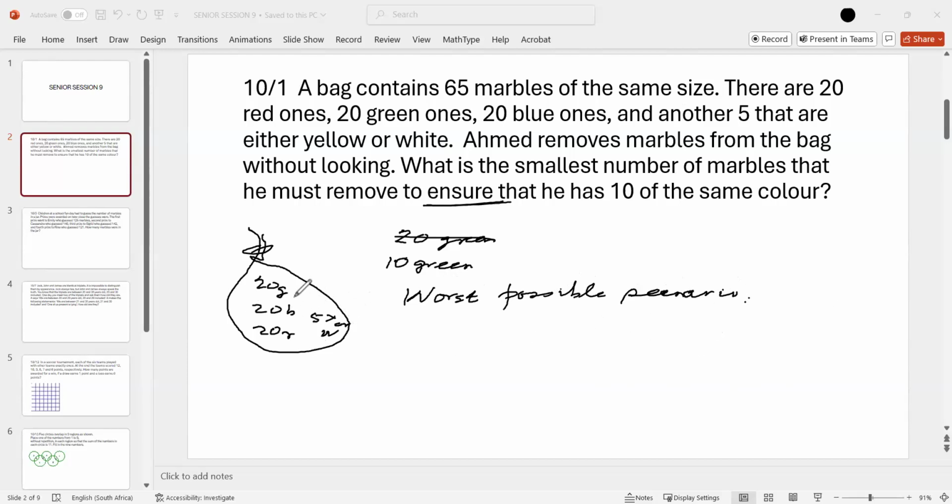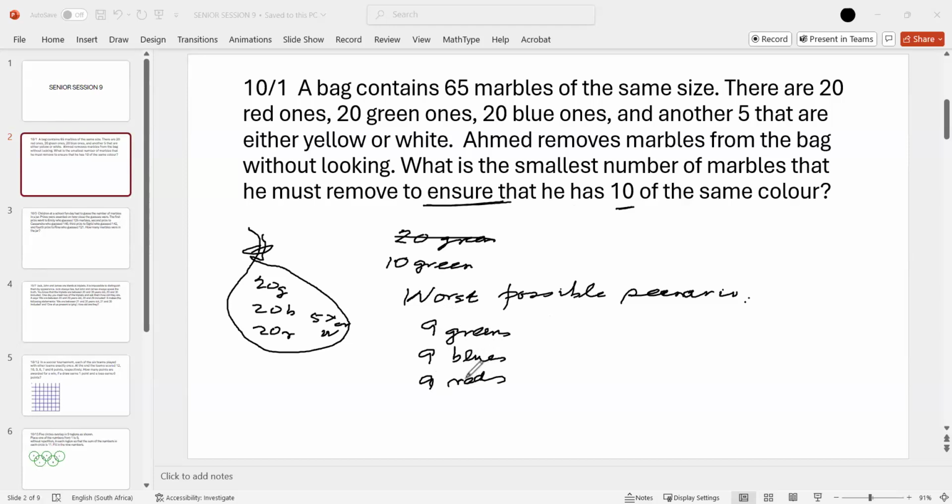Okay, for instance, he wants to have 10 of the same color. So he can withdraw 9 greens. And he keeps withdrawing, he hopes he can get a green, but he doesn't. Instead, he gets 9 blues. And then he hopes now he can get a green or a blue, but it doesn't happen. It's really bad luck. Or he can withdraw 9 reds.